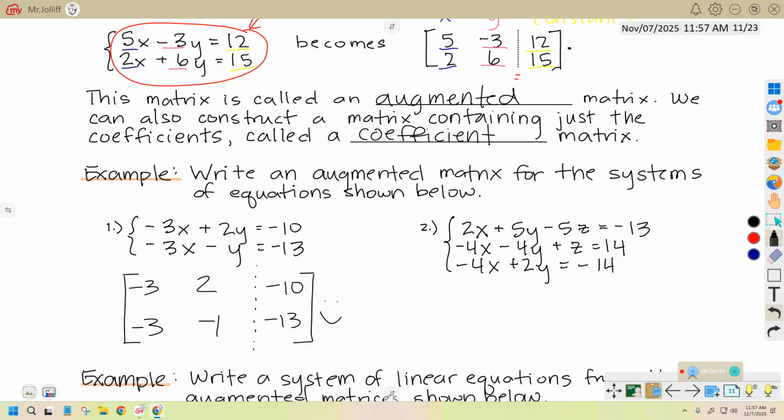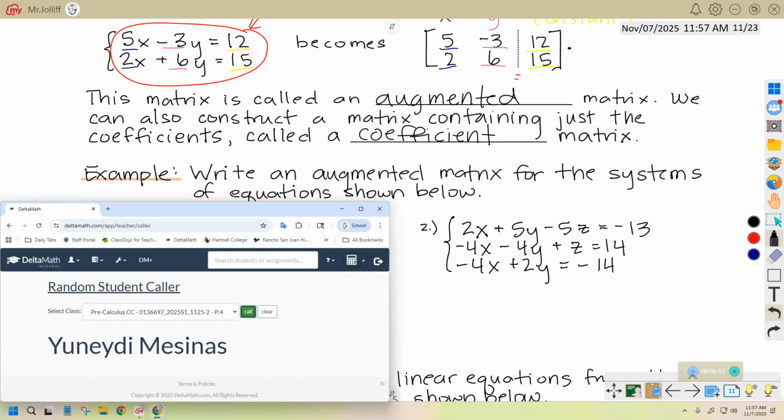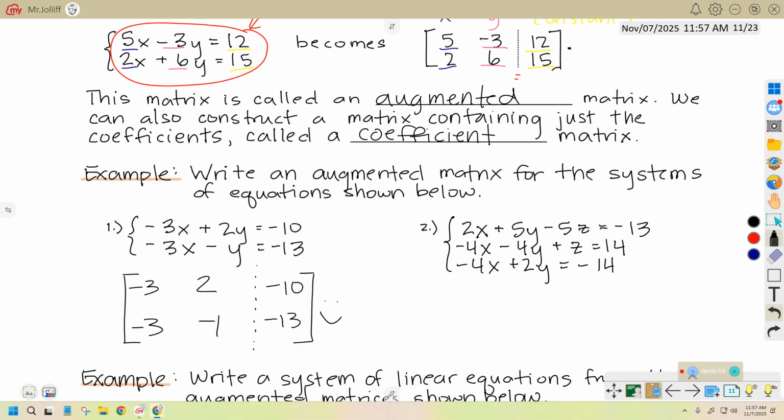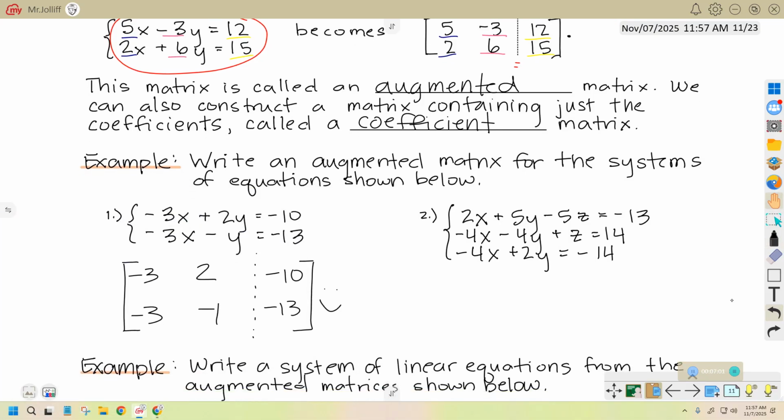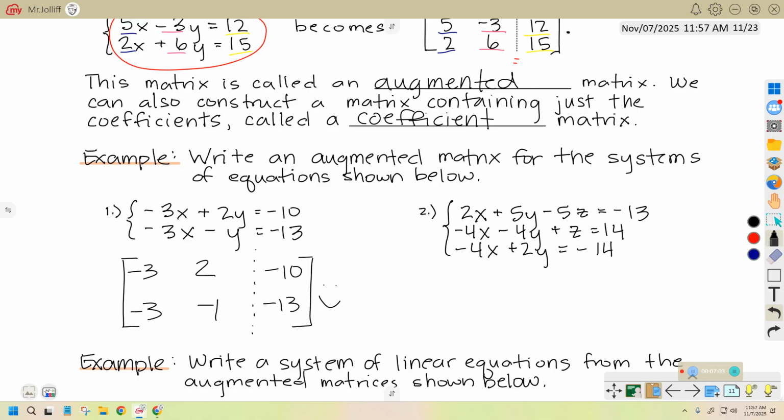All right, do I have a volunteer who wants to come up and write the matrix? No one's quick, so we're going to call a name. There's my name generator. Chris is not here. Emiliano I already picked on. Luna, come on up. Write the augmented matrix for problem 2.